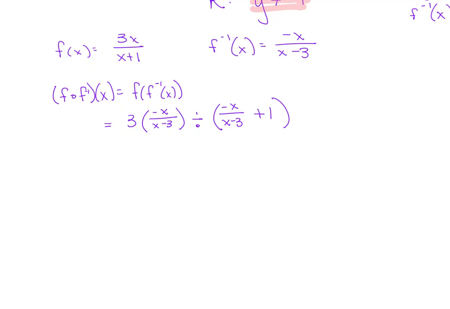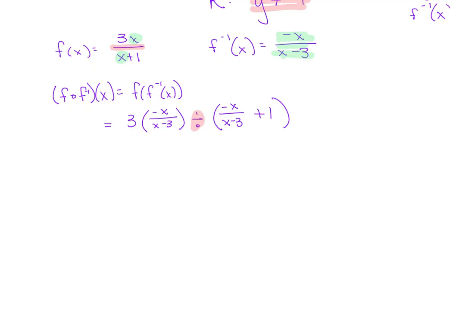Basically, instead of dealing with complex fractions, I'm taking my division bar and turning it into a division sign. I have plugged my function in for my x's. On the top we get 3 times negative x over x minus 3, and my bottom becomes negative x over x minus 3, and then I still have that plus 1.